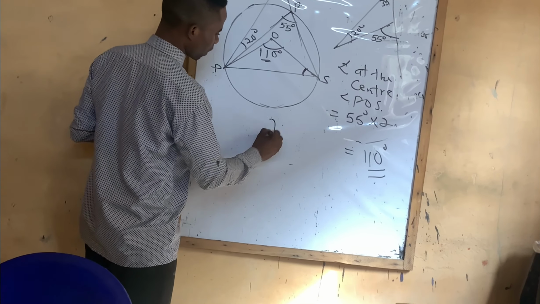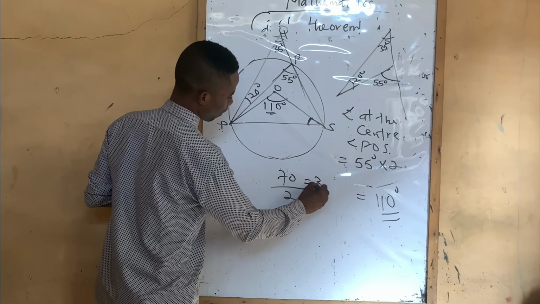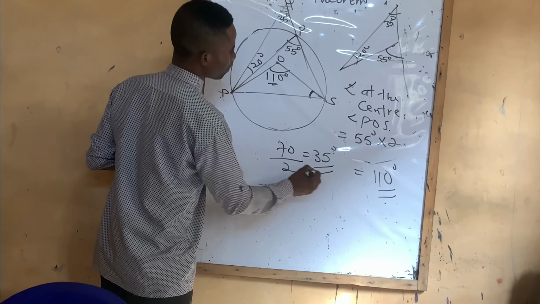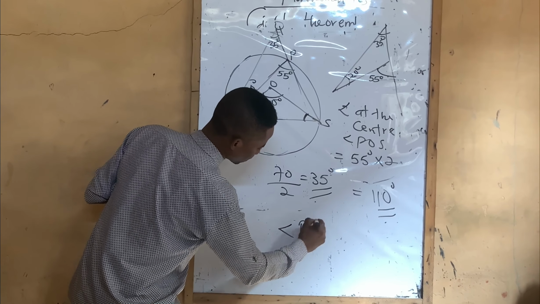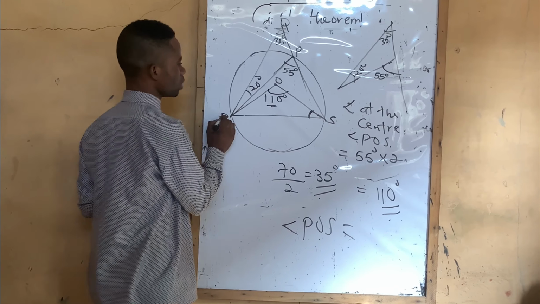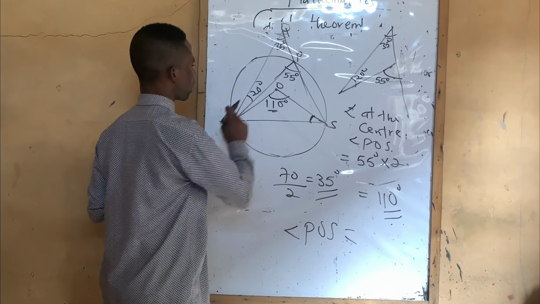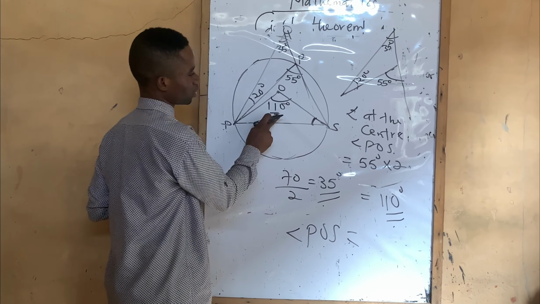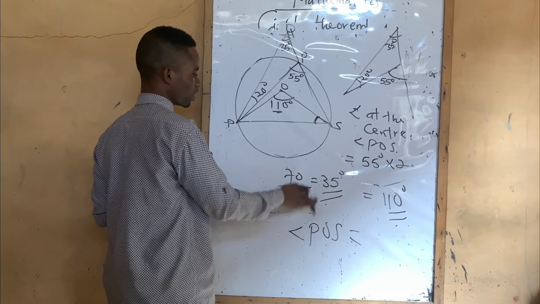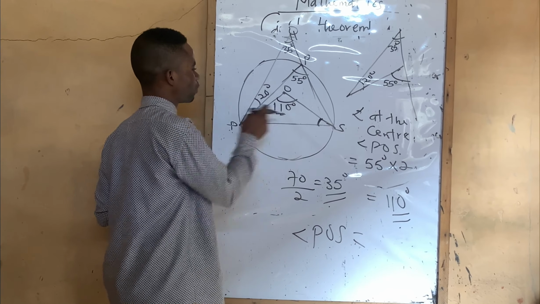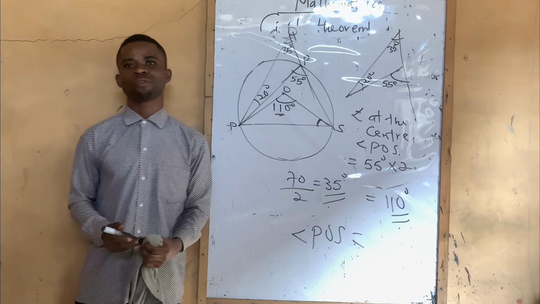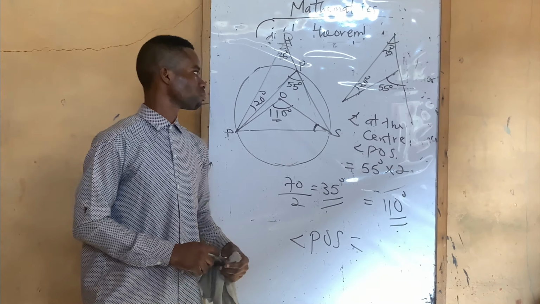That means 70 divided by 2, that's 35. We've even gotten angle POS already. Angle POS is 110. But to get this, just divide 70 by 2, that is 35, 35, 35.